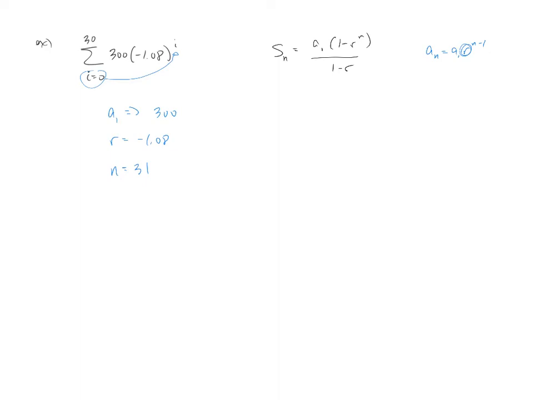Taking all of that and plugging it in, the sum of the 31 terms would equal 300 times 1 minus negative 1.08 raised to the 31st over 1 minus negative 1.08. You will want to be very careful with your parentheses right here because that negative raised to the 31st power is going to keep it negative. So that's going to end up being a 1 plus whatever 1.08 to the 31st power is. So be careful with those parentheses there.